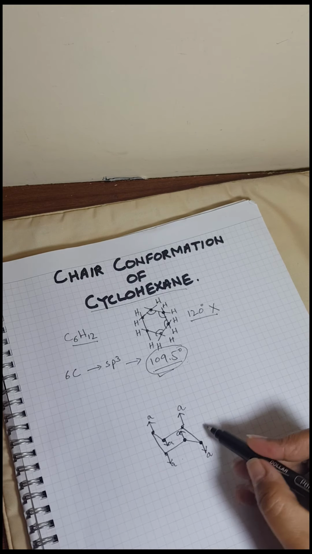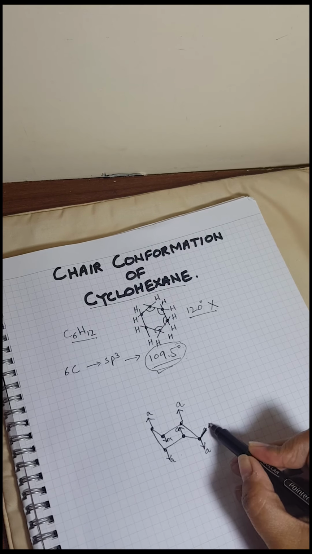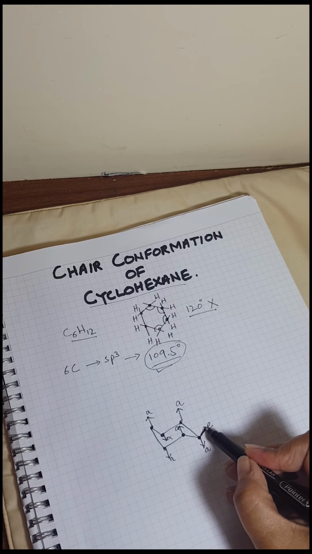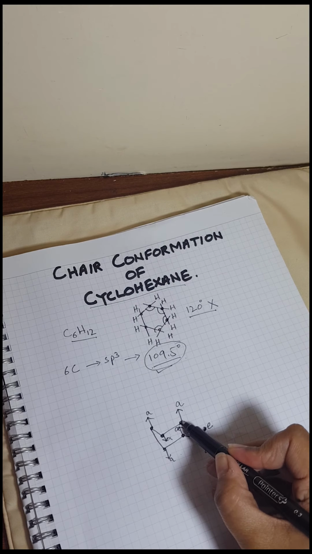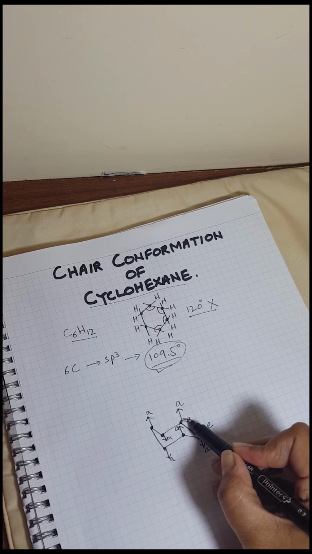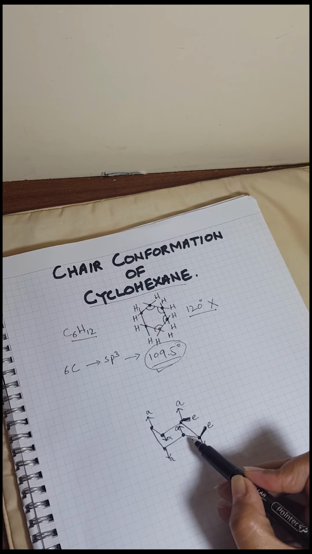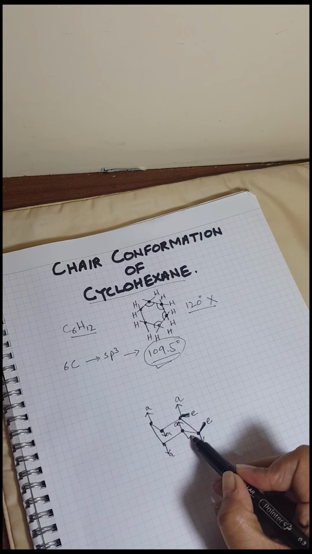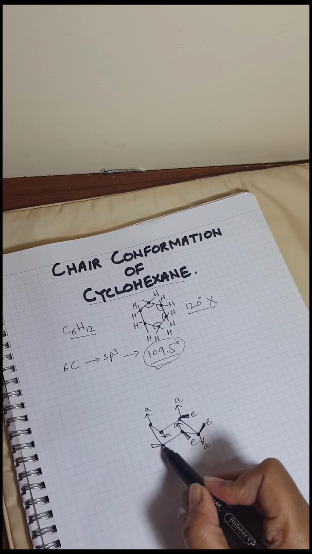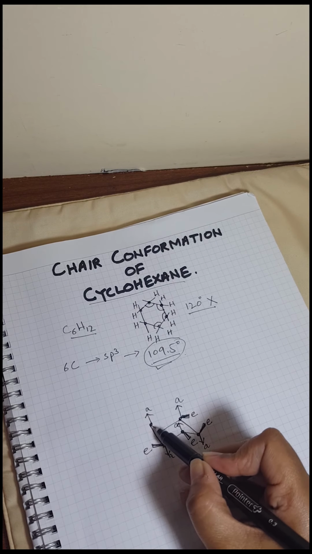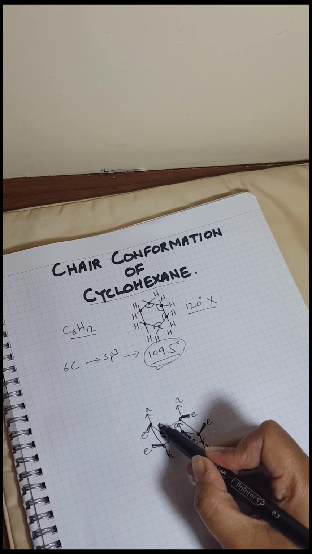Now to draw equatorial bonds, we will draw a wedge, and we will try to have an angle which seems like 109.5 degrees. Second, this is the third one, and this is the last one.